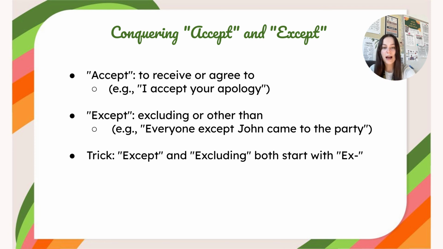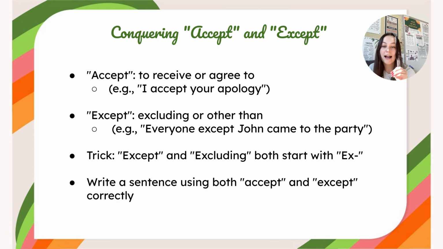Okay, so that's how I'm able to remember it. And now what I want you to do is write a sentence using both accept and except correctly. Accept meaning to receive or agree to something, and except meaning excluding or other than. In one sentence, go ahead, give it your best shot, write a sentence that uses both of these confusables.